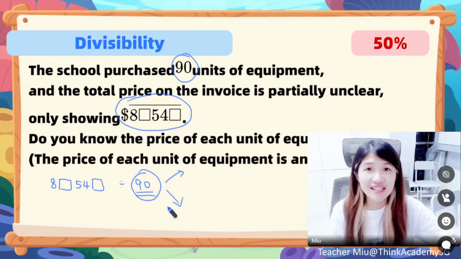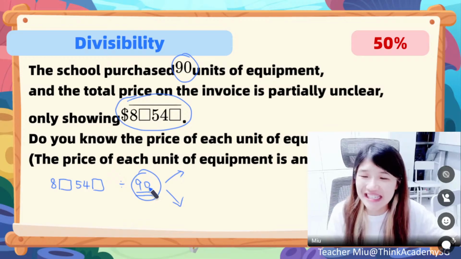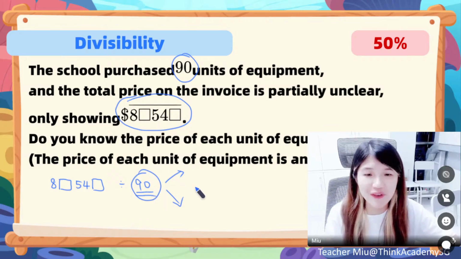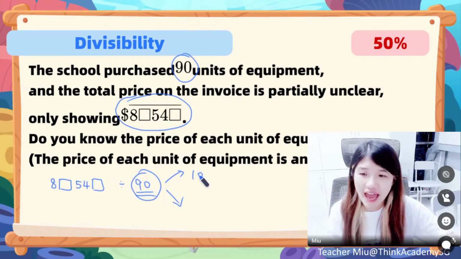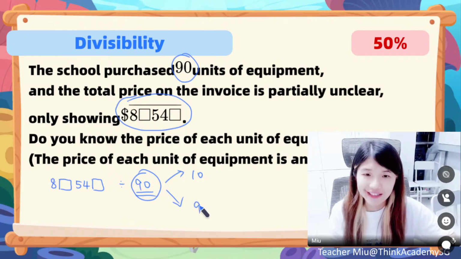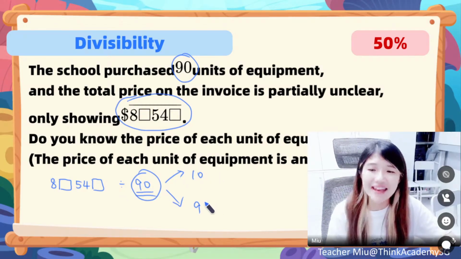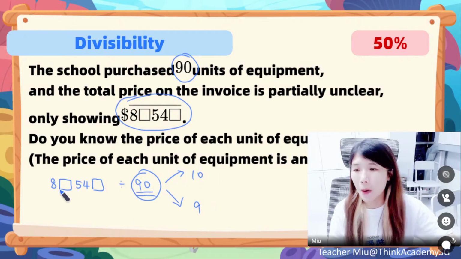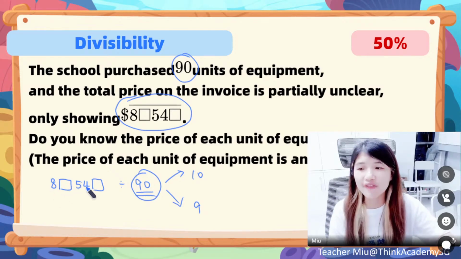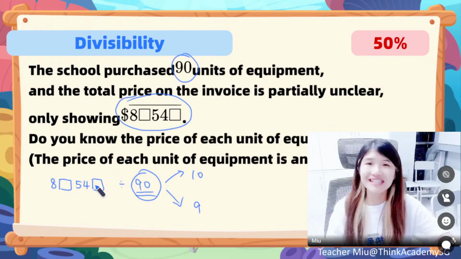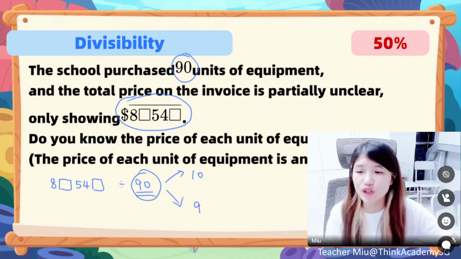If it is divisible by 90, that means this number shall also be divisible by both 10 and 9. This is also what teacher Apple mentioned. Good. When it is divisible by 10 and 9, then you can just go backwards here. 8 square, 5, 4 something. It is divisible by 10, which means the last digit must be 0.